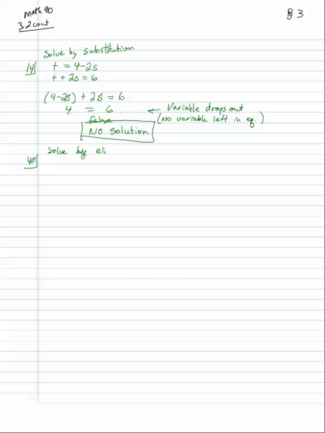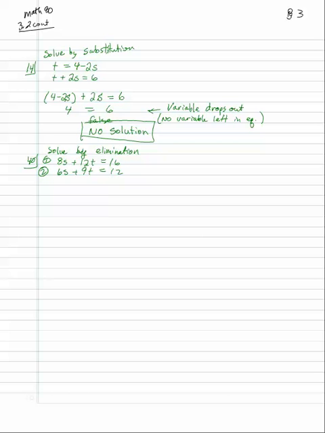So number 40: 8s plus 12t equals 16, and 6s plus 9t equals 12.